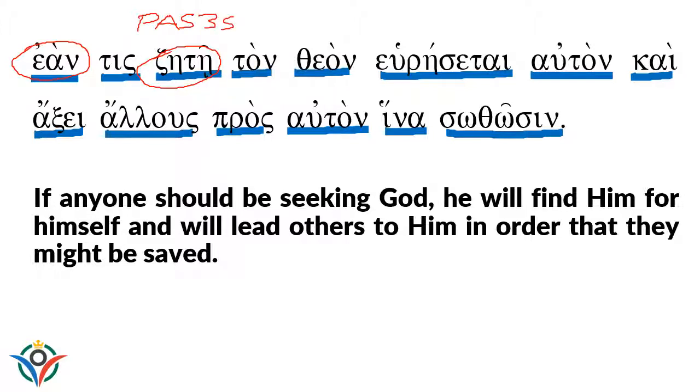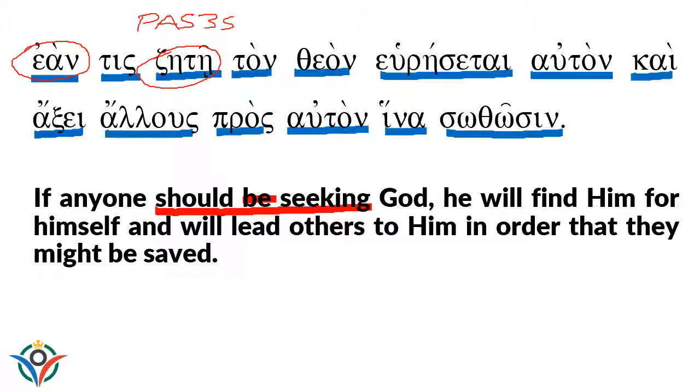So that is why we translated with the imperfective verbal aspect, if anyone should be seeking. Right, so it's very important that we include be to convey the linear or progressive idea of the seeking of the verb.